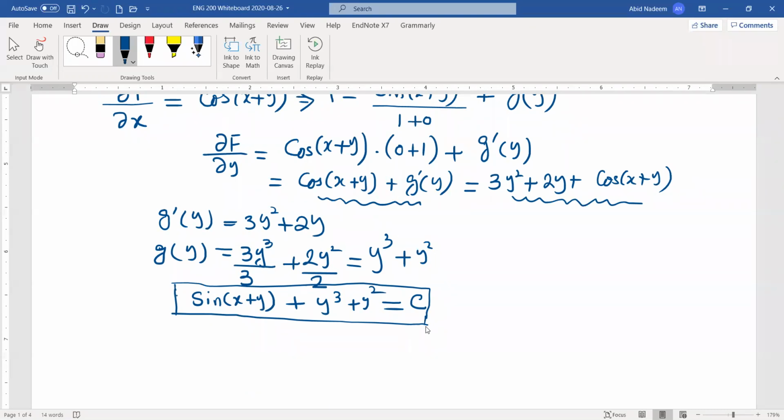We can easily check whether that solution is correct or not using partial differentiation. So what is the partial differentiation?